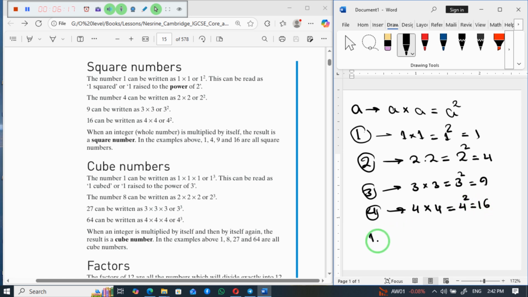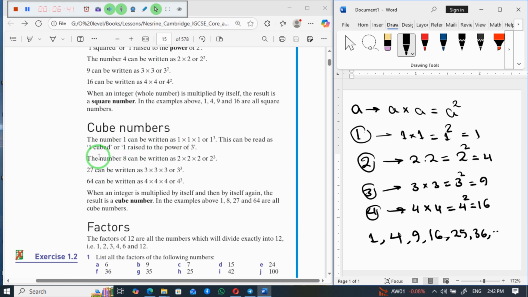So these numbers are called square numbers, like 1, 4, 9, 16, 25, 36, and so on.